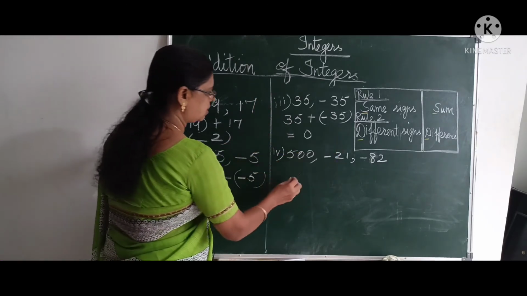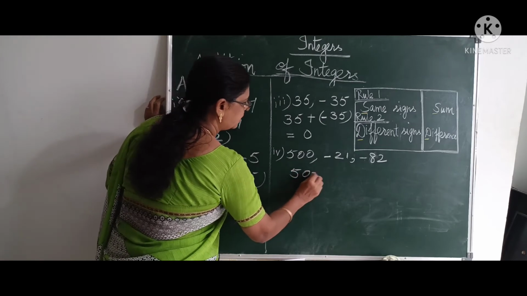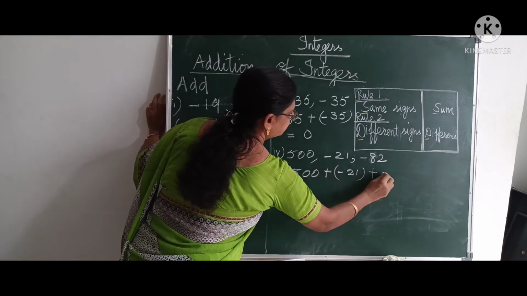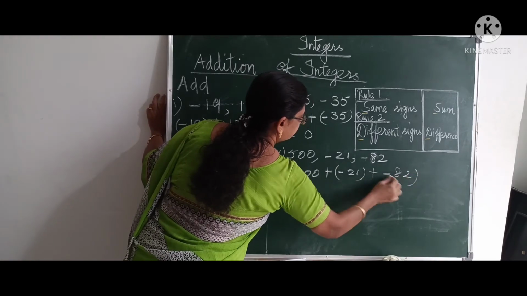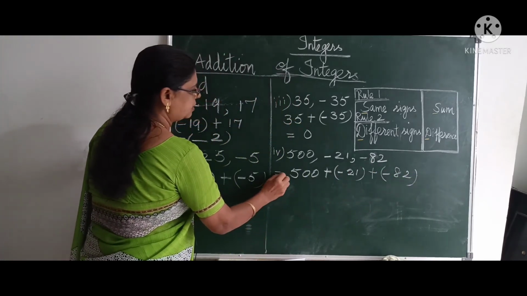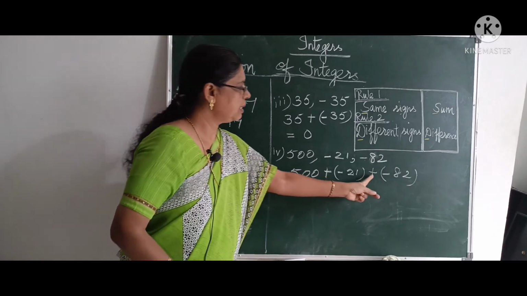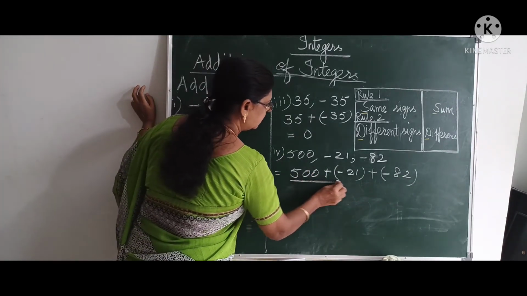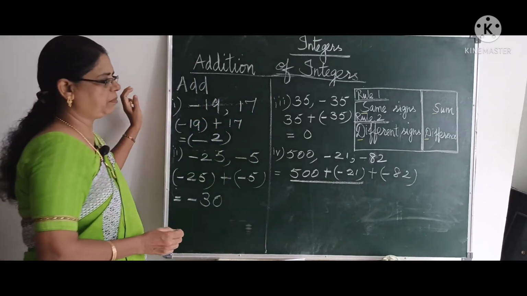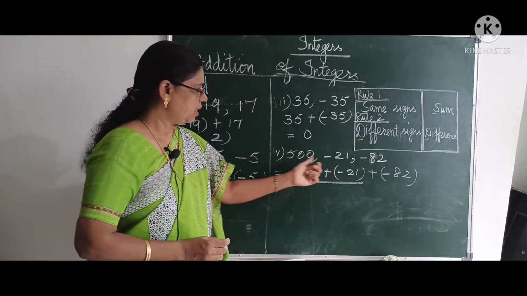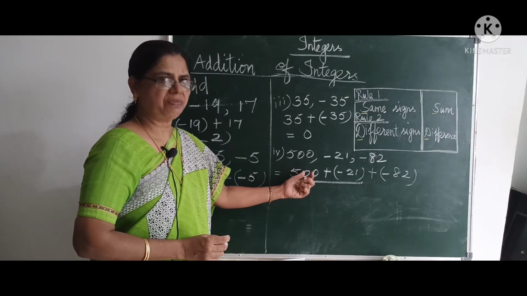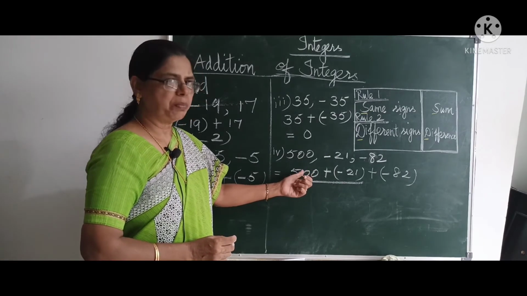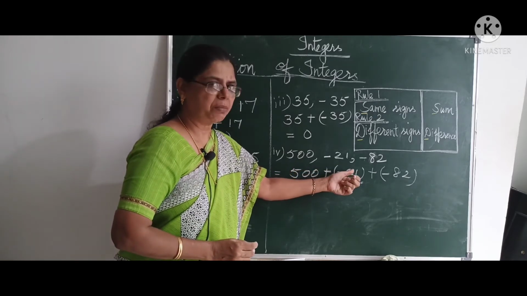Now 3 integers are given. Let us see how to add 3 integers. So 500 plus minus 21 plus minus 82. Now first let us add these two numbers. 500 plus minus 21. One is positive. Positive is always with plus sign. So one number is with plus sign, another number is with minus sign.